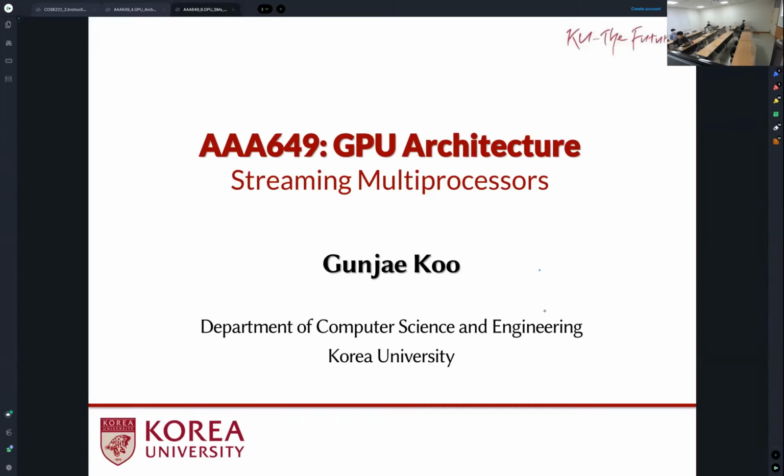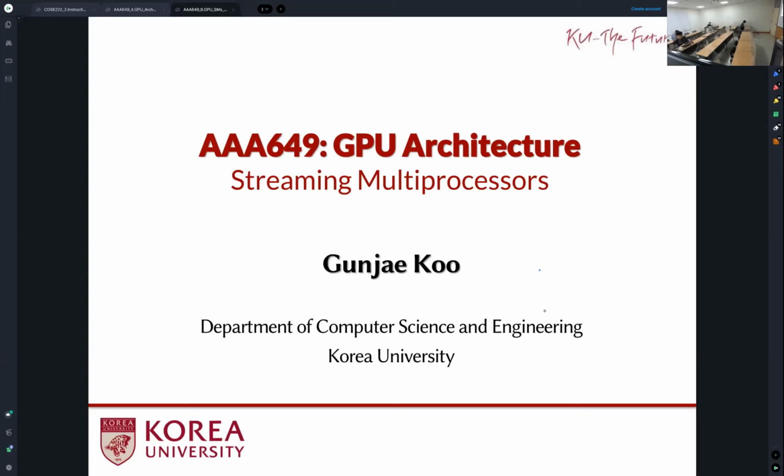So actually, I put the first homework assignment on the Blackboard. This homework is very simple: you are requested to study the configuration of NVIDIA GPU architectures.